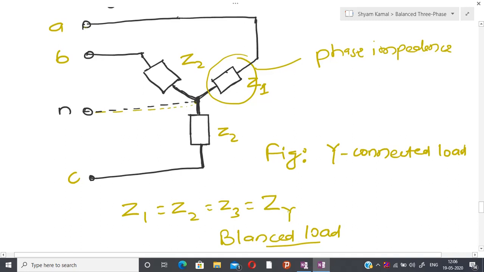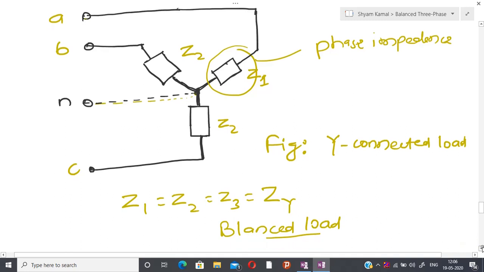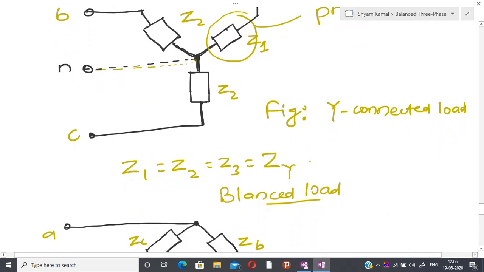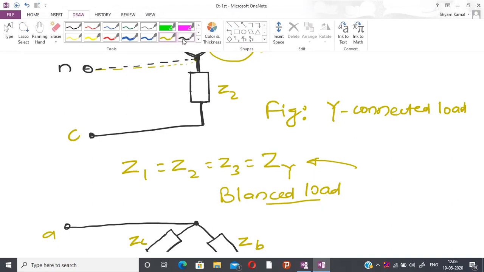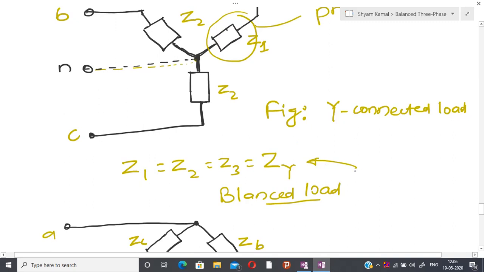And Zy here one can define like this. So basically here Zy is the load impedance per phase.